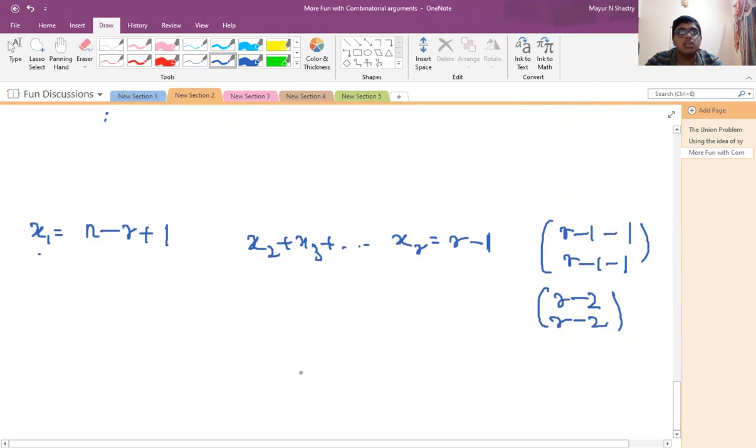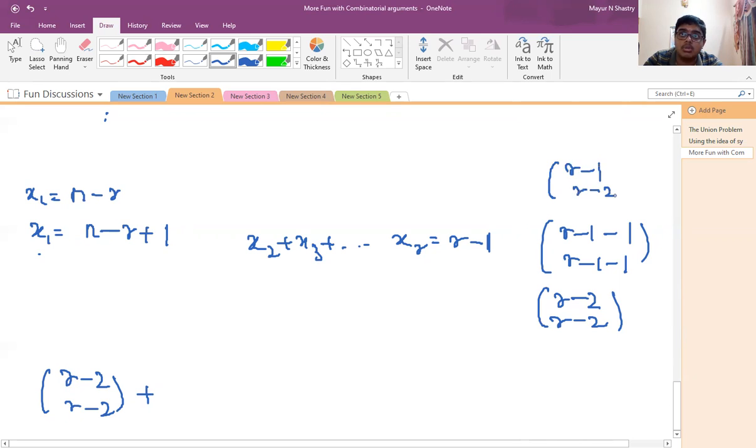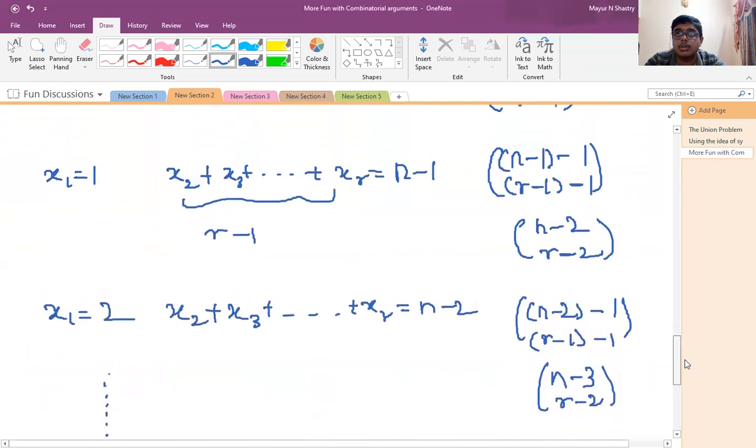Yeah. So now let's add all these cases. What we get is r minus 2, choose r minus 2 plus, if you evaluate it for n minus r, you can do it yourself, I'm sure this would give us actually r minus 1, choose r minus 2. So this would give us r minus 1, choose r minus 2, and all the way up to, till where did we do it?